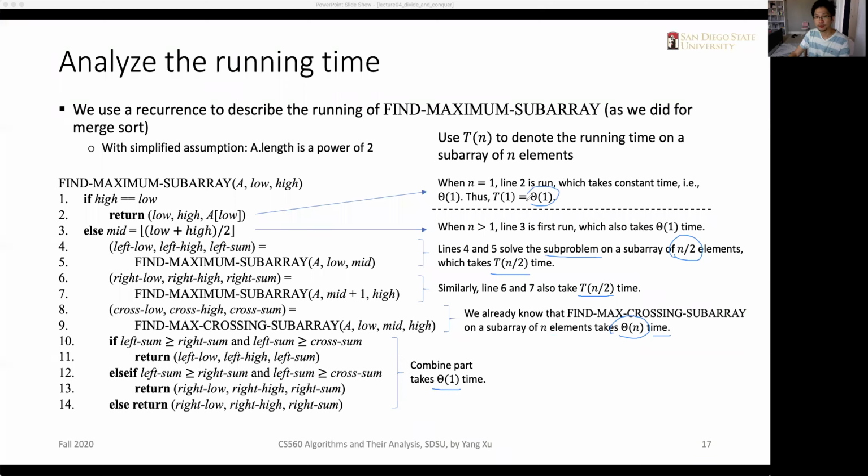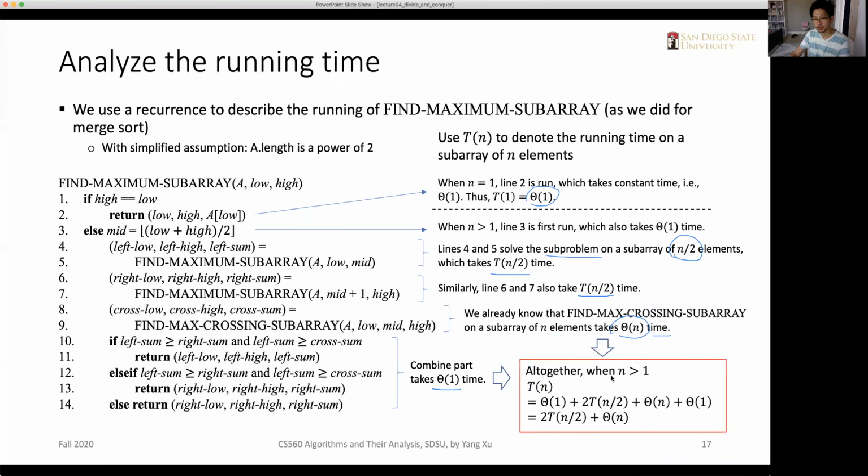Anyway, now we have done the analysis and let's combine everything here, right? Altogether, when n is greater than 1, then T of n consists of these 4 parts, right? Which sums up to 2 times T of n over 2 plus big theta of n.